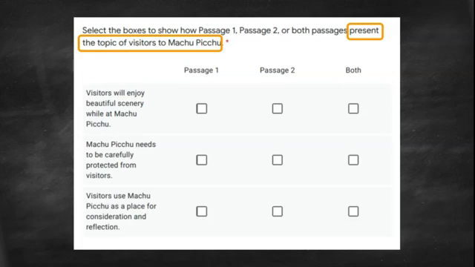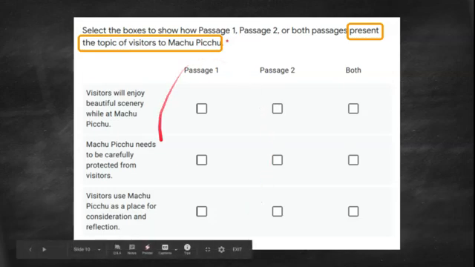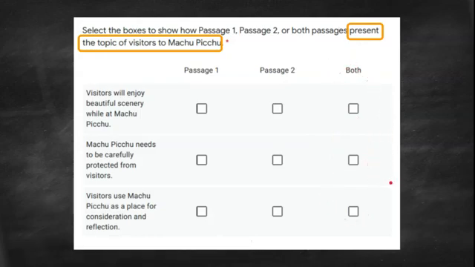So when you have a question like this with all these check boxes, it's supposed to be like a Venn diagram where you can choose just passage one, just passage two, or both, which means that it's true about both of the passages. Okay.